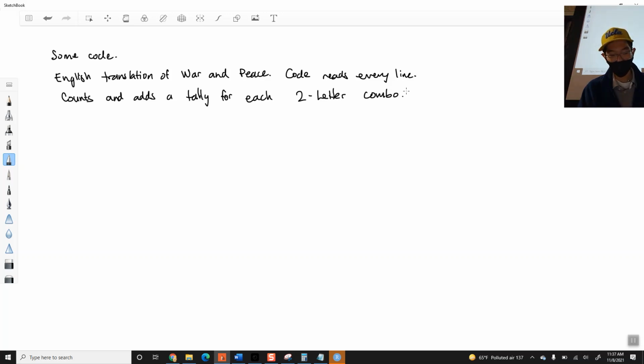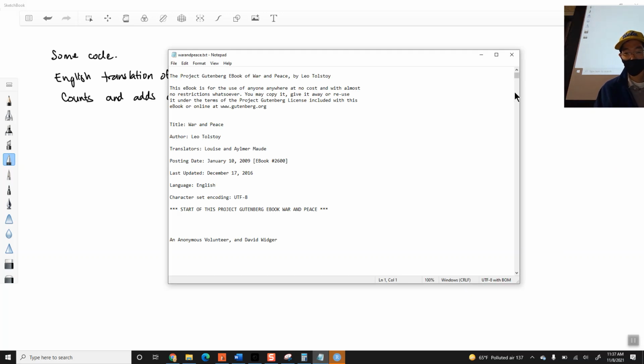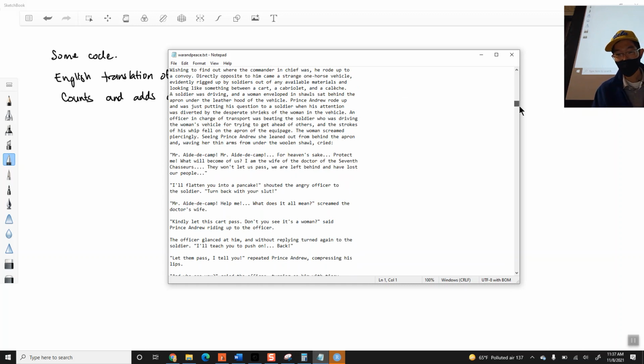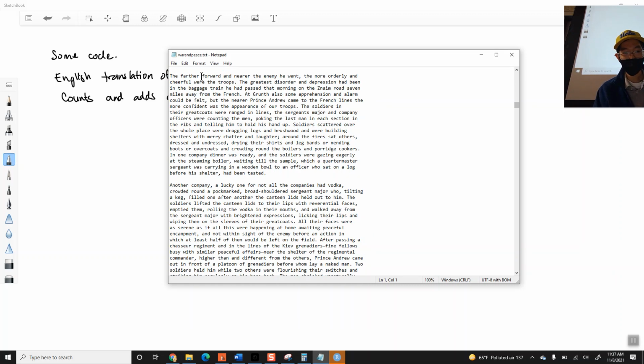Here I have this document. I don't know if you can see this. It says, the farther forward and nearer the enemy he went, the more orderly and cheerful were the troops. So the code goes through and says, okay, I see TH, I see HE, I see E space, I see space F, I see FA, I see AR, I see RT, and so on and so forth.